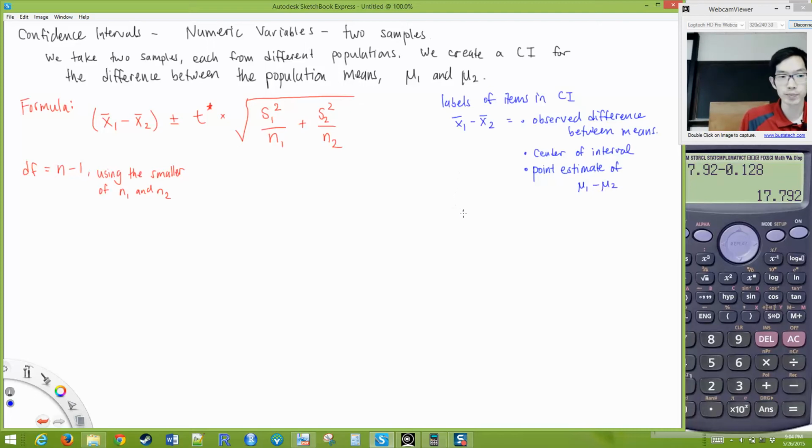T star is our critical value. This, s1 squared over n1 plus s2 squared over n2 under the square root, is our standard error. And then t star times the standard error is always our margin of error.